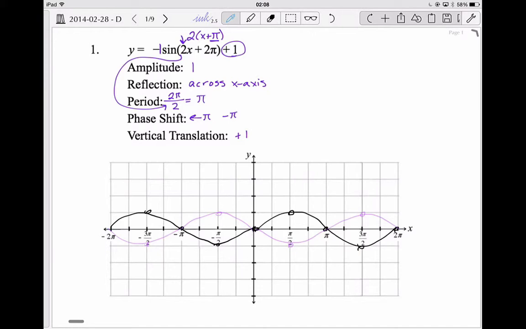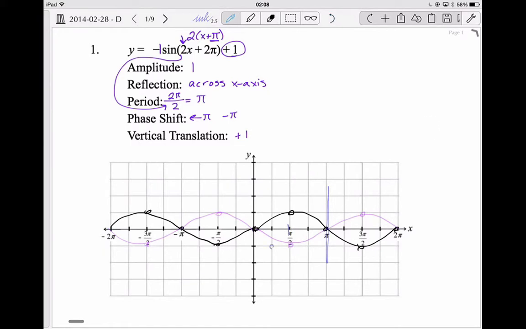We do all our stretching, shrinking, and reflecting first, so next up is to change the period. Normally, the period is 2 pi. It takes an entire 2 pi to do one whole wiggle, but we're going to compress that to just pi. So I have to do a whole wiggle in just pi, which means that all of this is going to happen much more quickly. Let's see.